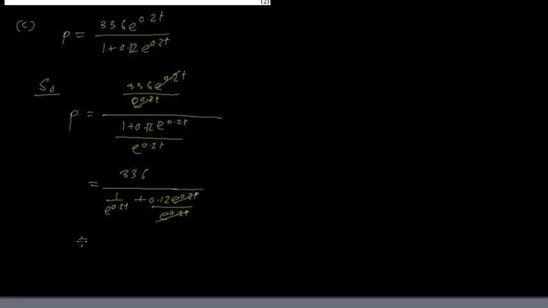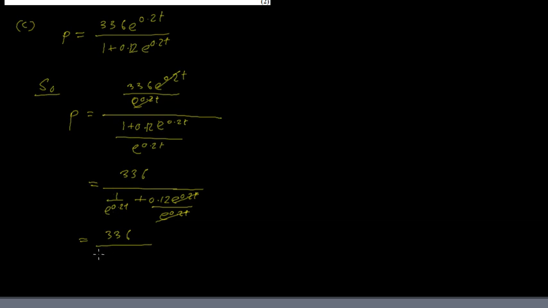So what we get, this thing and this thing cancel off. This would be 336 and this would be 1 divided by e to the power 0.2t plus 0.12 e to the power 0.2t divided by e to the power 0.2t. So this thing and these things will cancel off and we can write 336.